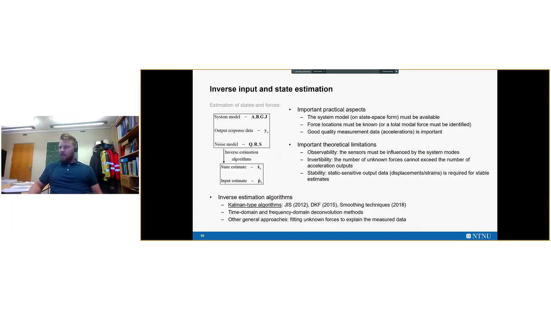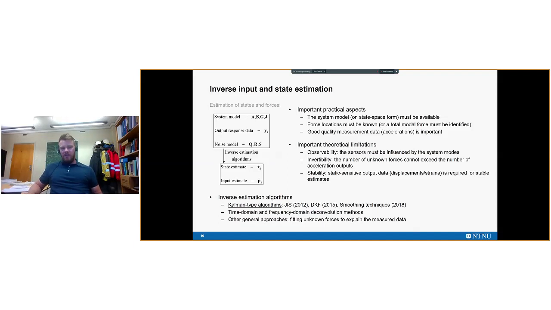And this leads to a loss of information that corrupts your problem solution. Secondly, and I think this is the most important limitation of the methods today, the number of unknown forces cannot exceed the number of acceleration outputs. So the more forces you have on your structure, the more acceleration data you need to identify these forces.